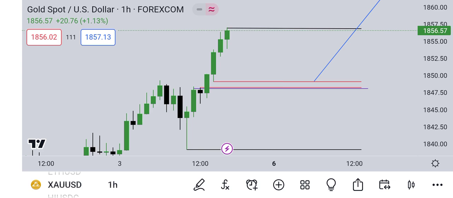Like I said, I'll do some videos later tomorrow after church service. I'll do a video on lower time frame confirmation entry so that you can know how to deal with gold. Because we are trading gold, it has a lot of movements and it can go against you, and if you are not careful with it, you can end up losing a whole lot of money. So you must calculate and manage your risk well.